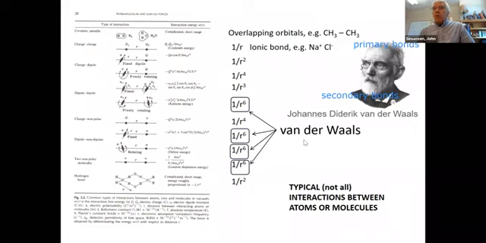Oh yeah, I left out an equation I used to give. The van der Waals forces arise from what we were talking about, transient dipoles and the electron clouds deforming.